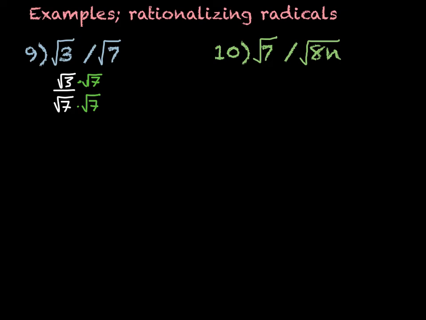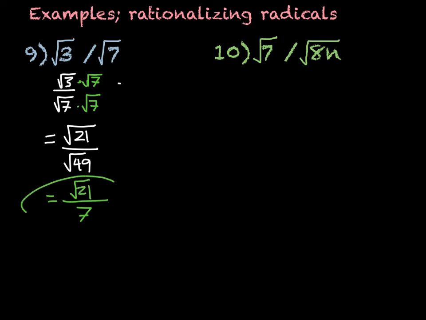So I take 3 times 7 and put it under the square root, over the square root of 7 times the square root of 7, which is the square root of 49. Well, the square root of 49 is just 7. And then the square root of 21 can't simplify anymore, so it's just going to be the square root of 21 over 7. And that would be your final answer.